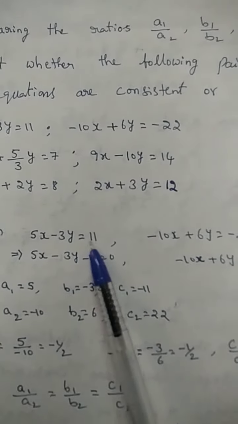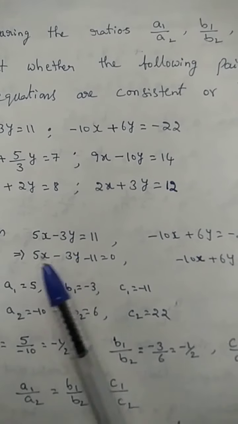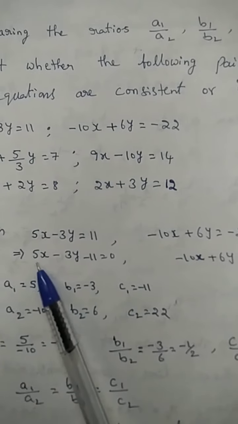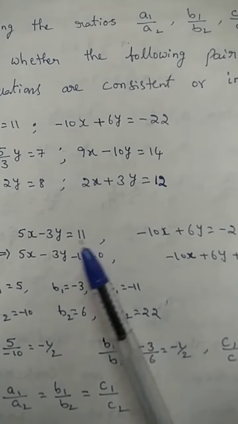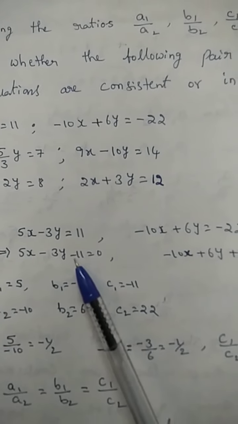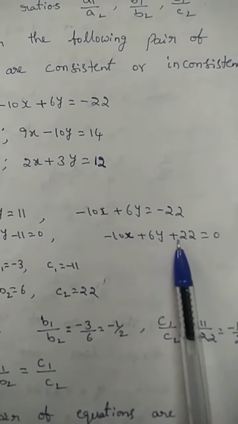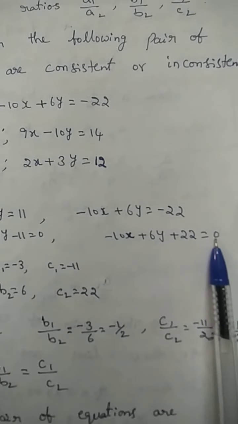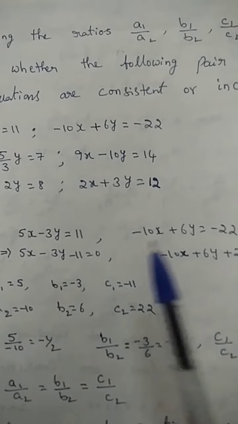Here we have 11 on the right side, so transpose it to the left side. Then it automatically changes to 5x minus 3y minus 11 is equal to 0, because a positive changes to a negative when transposed. In the same way, minus 22 transposed changes to plus 22, is equal to 0.